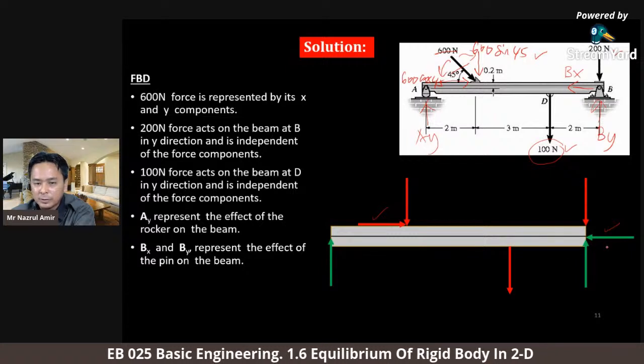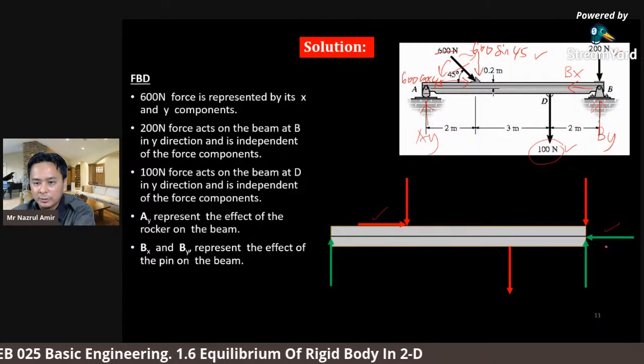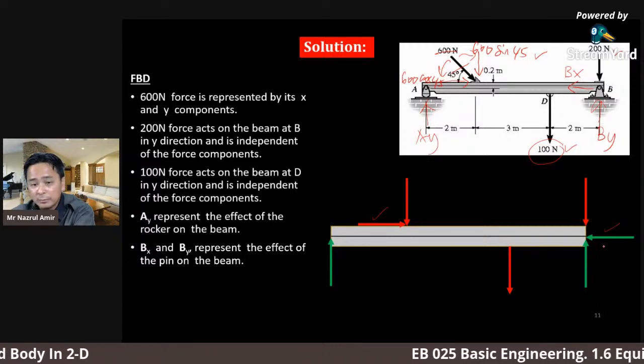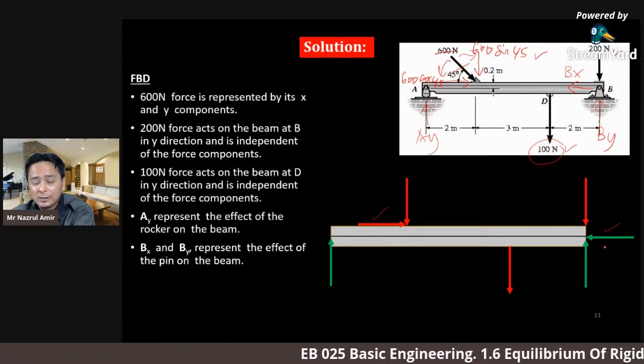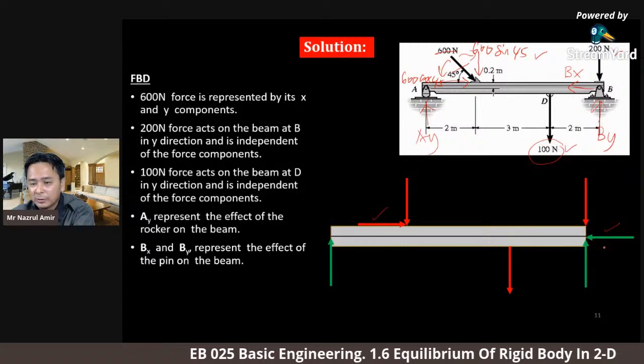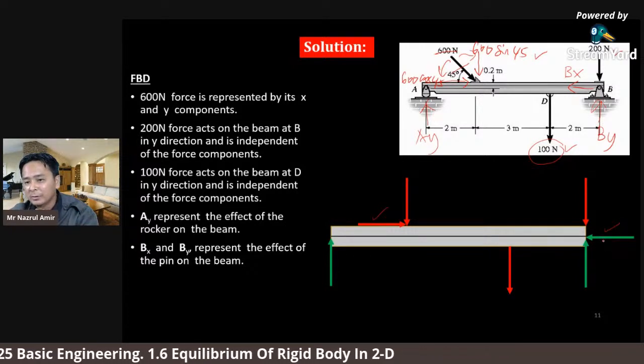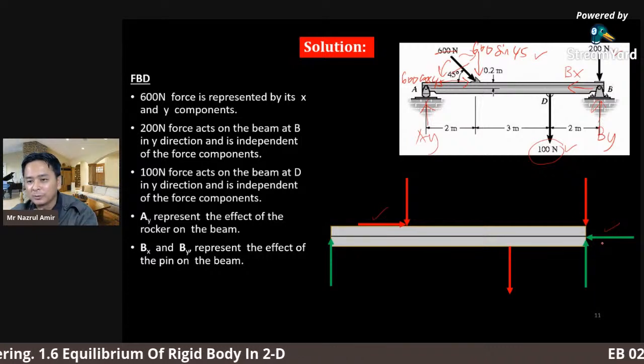Both will have the same magnitude but in opposite direction in x direction. That's settled. For force in x direction, you can settle it easily. We don't need to count it. The value of Bx is truly 600 cos 45.